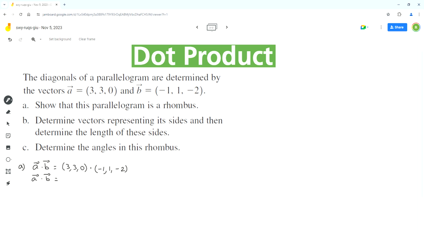Now we can find the dot product by multiplying the x components, y components and z components.